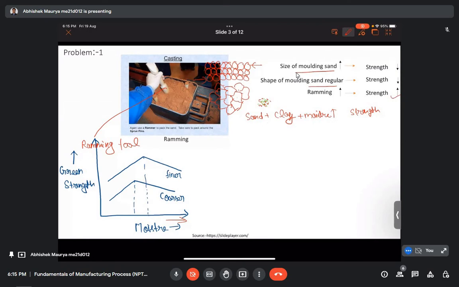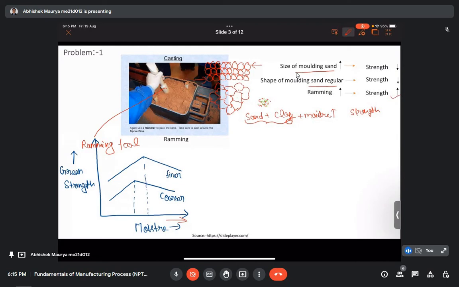If we add more water, then the strength will start decreasing, and this mixture of sand, clay and moisture will become very loose and the strength will go down again. Therefore, by increasing the percentage of moisture, the strength first increases, then decreases.